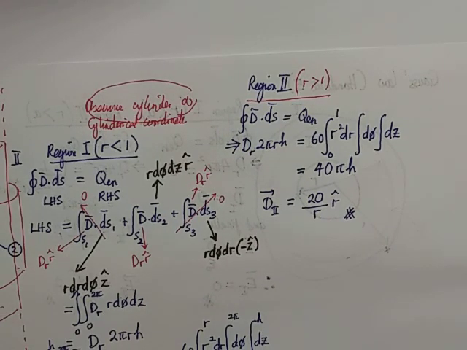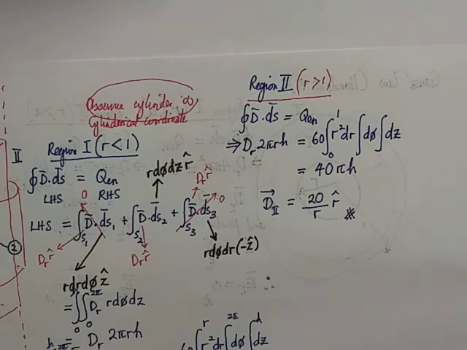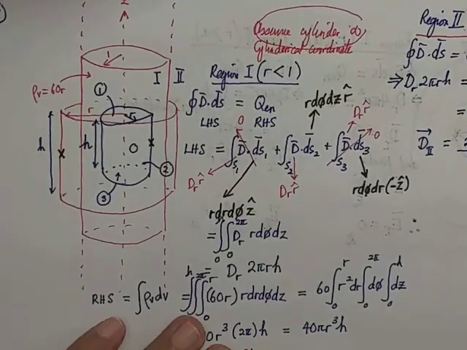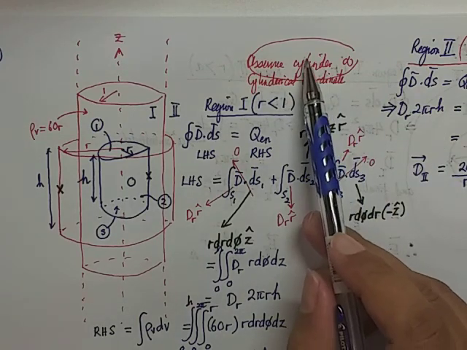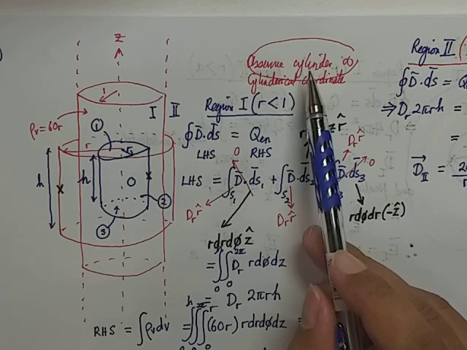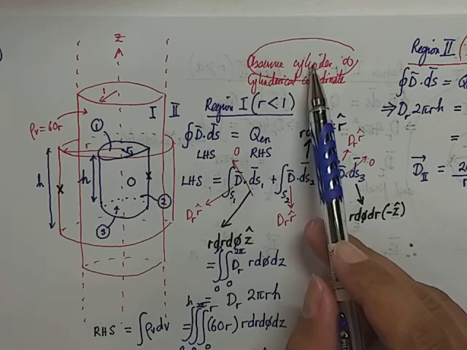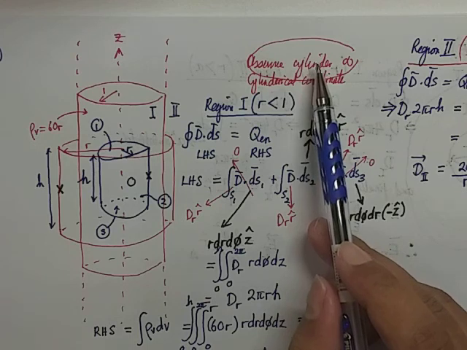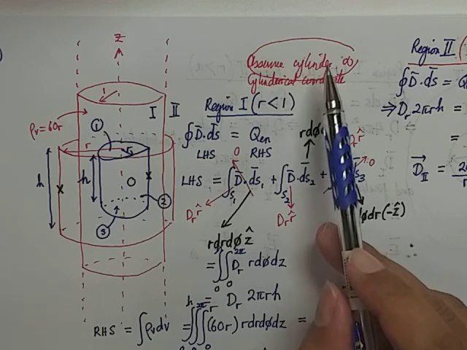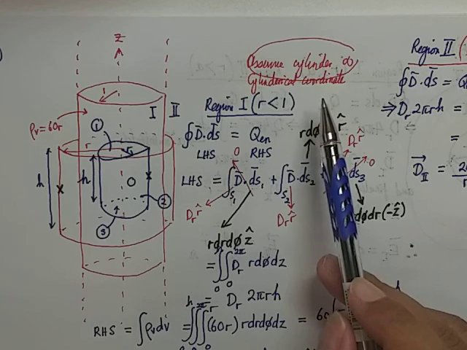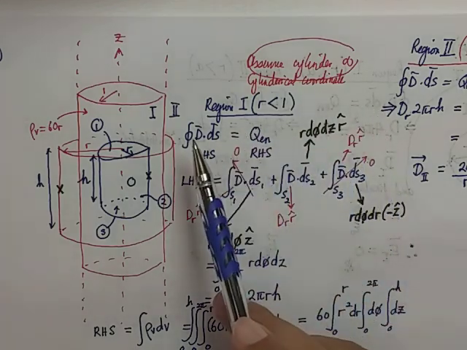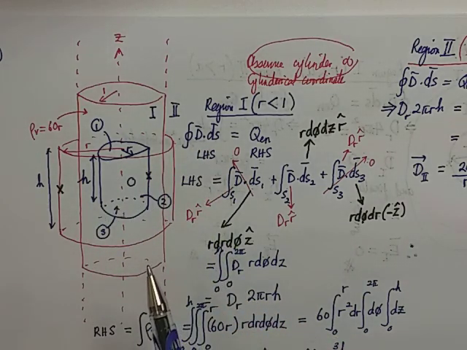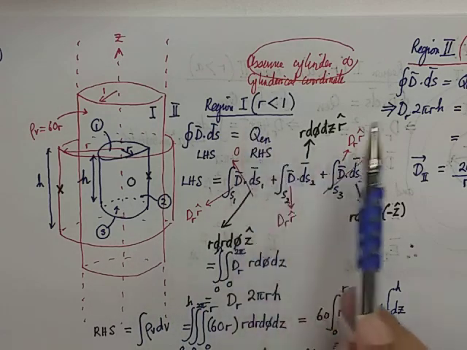Okay, so you can see by assuming again the structure to be infinitely long, only then can we solve this problem using Gauss's law. And by using Gauss's law, the steps taken are consistent, whereby the first thing I'm going to do is assume which charge, then I'm going to define the appropriate region based on the structure given by the problem, whereby in this example there are two distinct regions, so I denote region 1, region 2.